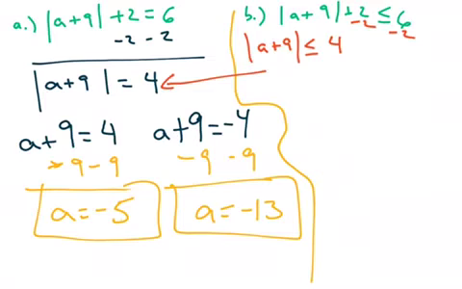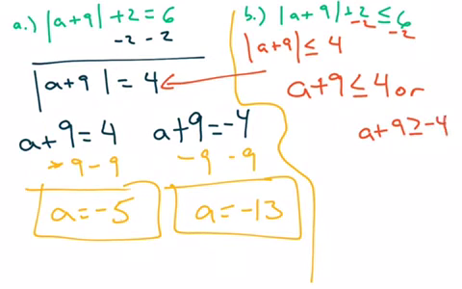So what does the absolute value of a plus 9 is less than or equal to 4 mean? It means that either a plus 9 is less than or equal to 4, or a plus 9 is greater than or equal to negative 4.